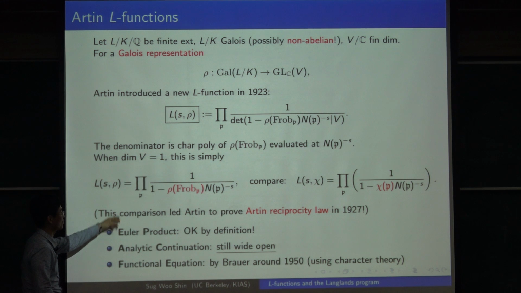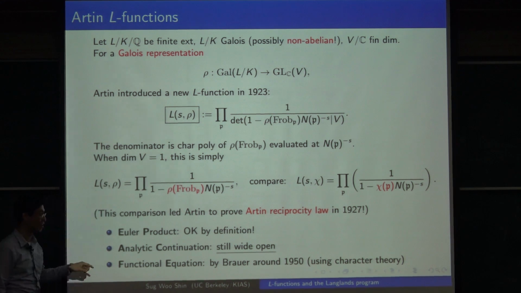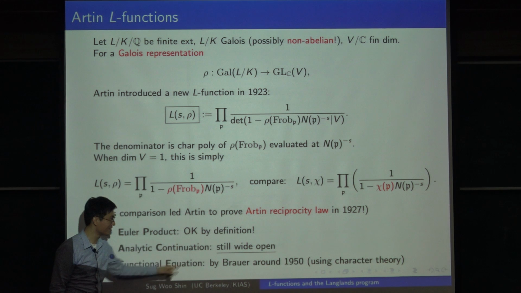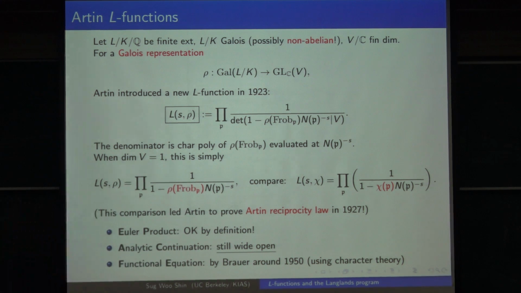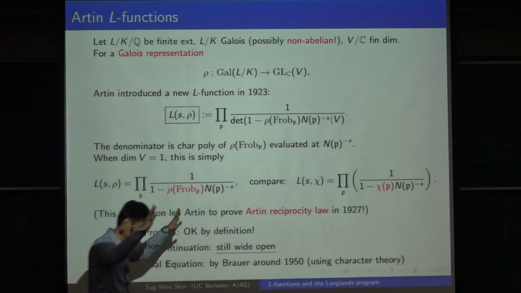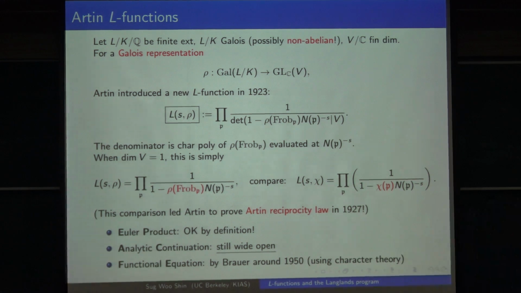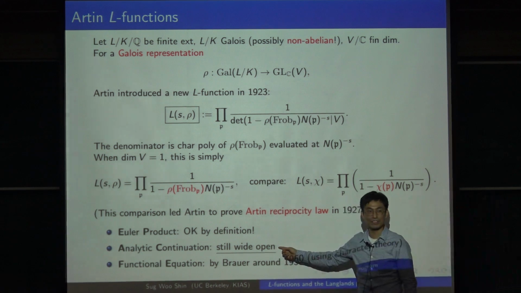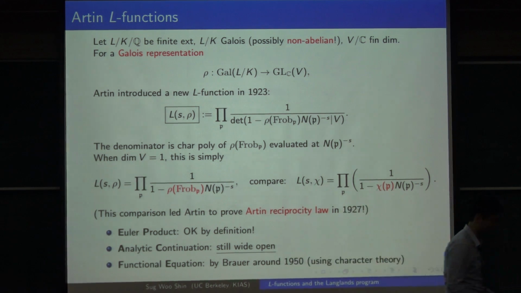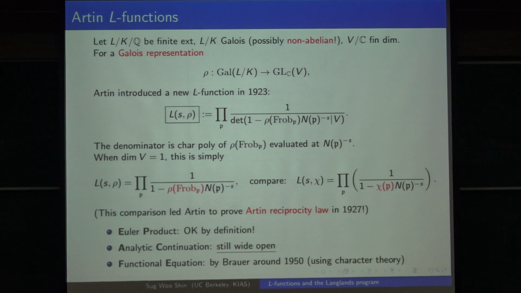It's just an infinite product over primes or prime ideals. Analytic continuation is still open. It's the famous Artin conjecture, wide open. In dimension 1 it's fine, but in dimension 2, some cases are known. By the way, some case of this goes into the proof of Fermat's last theorem. That's called the Langlands-Tunnell theorem. So it's actually important stuff.